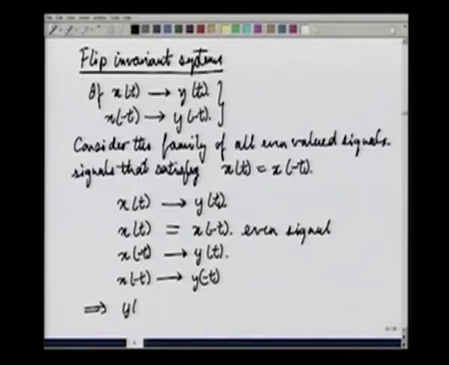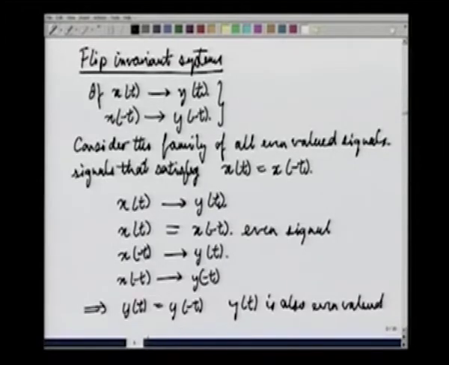Now, given these two things, it is inescapable that yt is the same as y of minus t, which means that yt is also even valued.